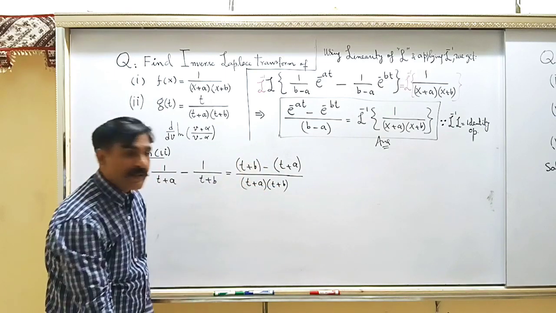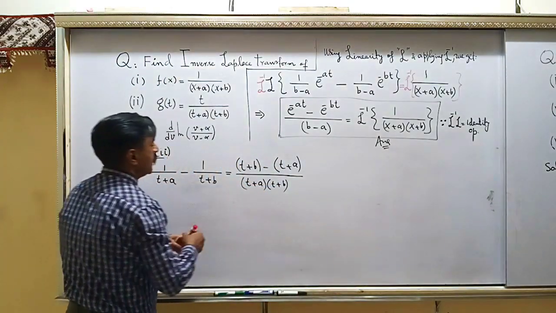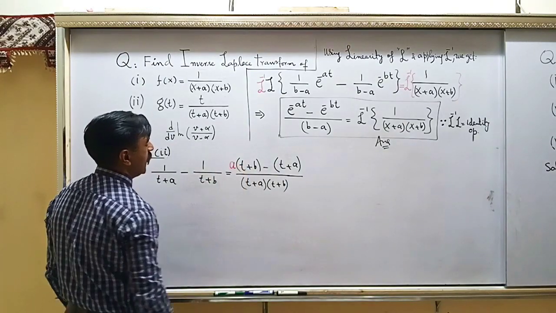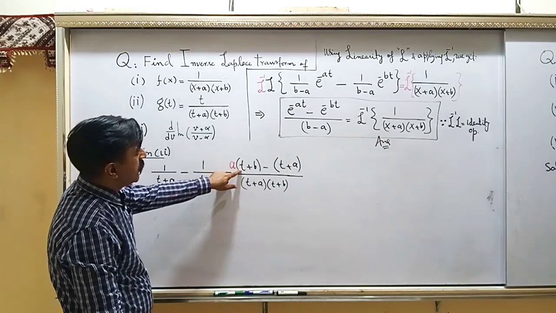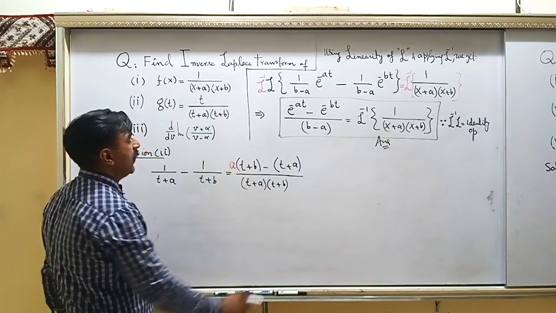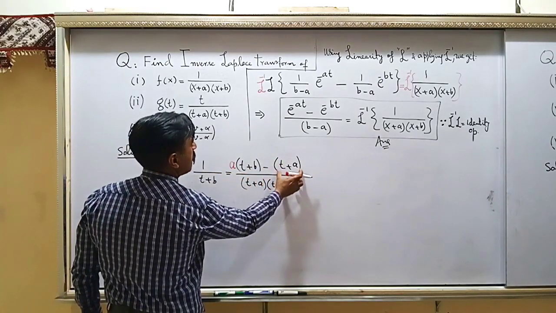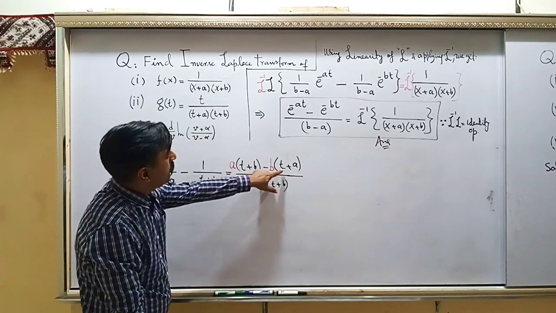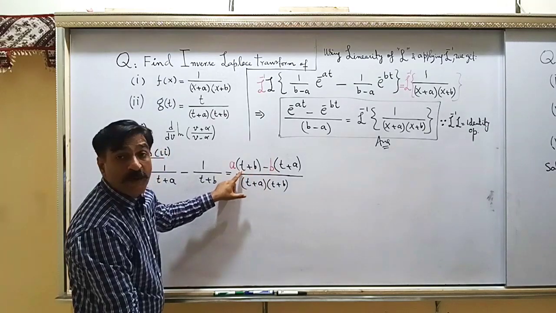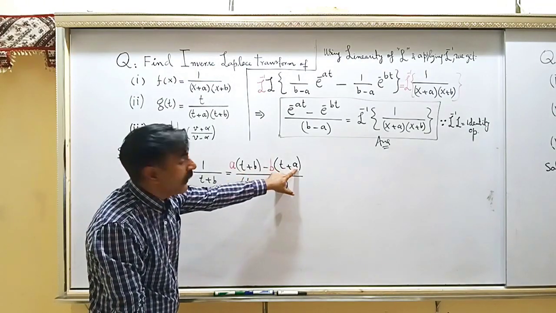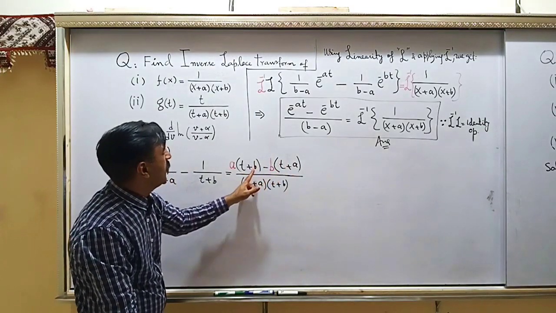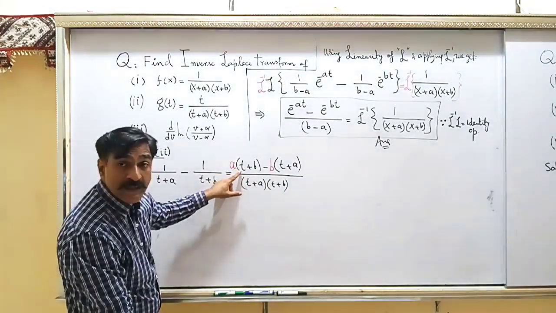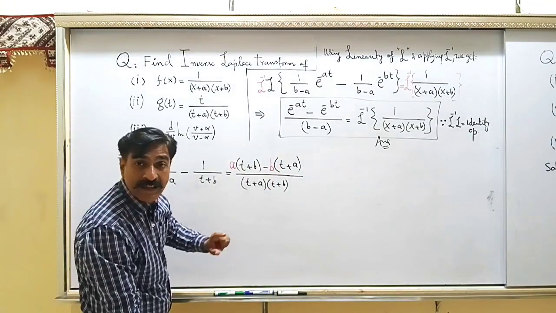Let's check how we can retain it. Look, if this piece is multiplied with the constant a, then it will give you at plus ab, and if you multiply this second term with b, then it will give you minus bt, which is different from at, and minus ba. This minus ba will be cancelled with this plus ab, and you will have a term in the form of t in the upside, right?